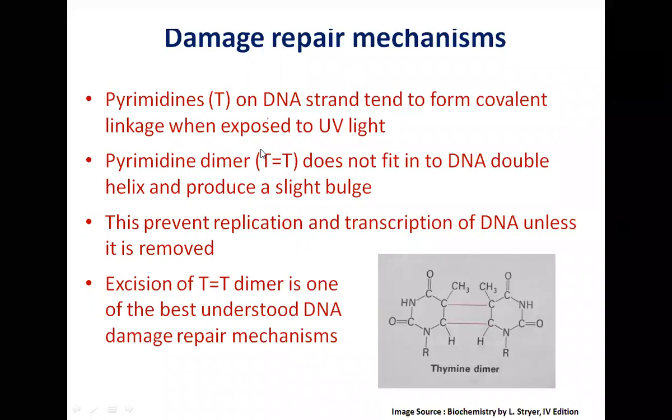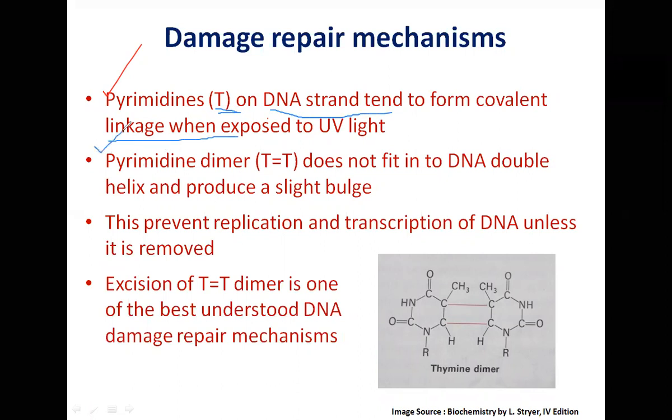Now, what are the different DNA repair mechanisms? Pyrimidines, particularly thymine T, which is present in the DNA, when exposed to UV light, two adjacent thymines in the DNA strand tend to form a covalent linkage between them.